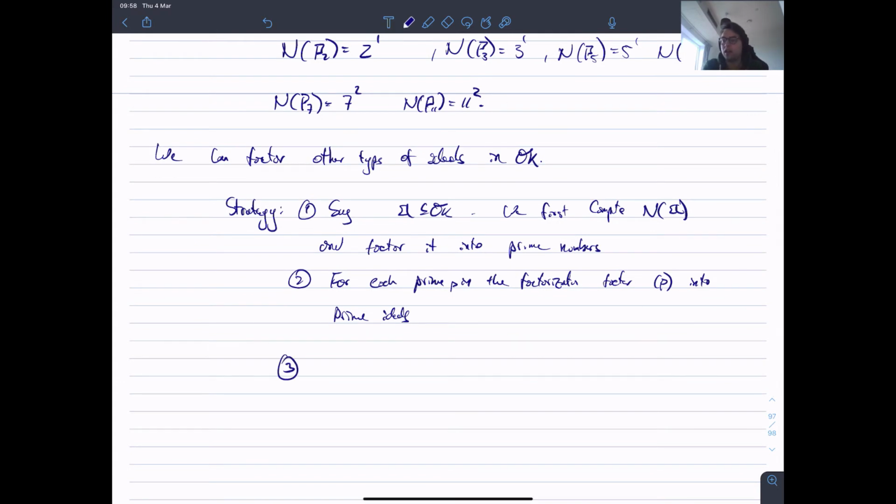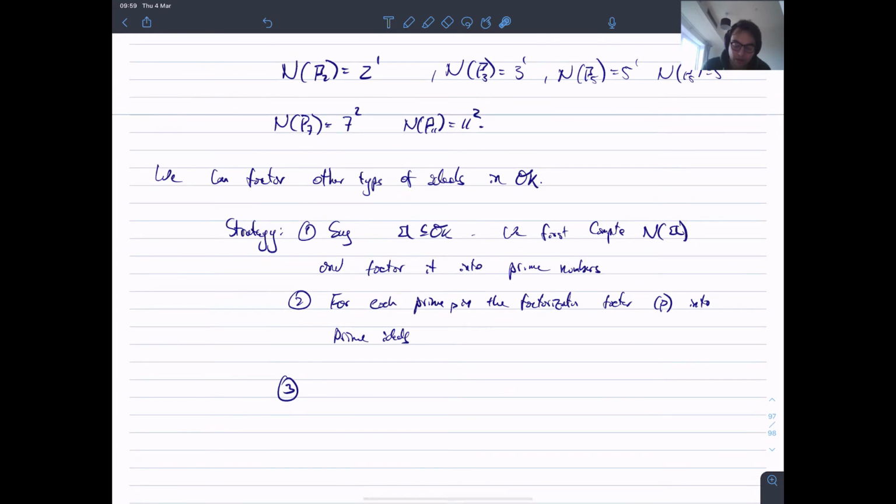And step 3: we know that there are only finitely many prime ideals of any given norm, so we can find them all. You'll be able to find every ideal that has norm p by finding all ideals that factor p.